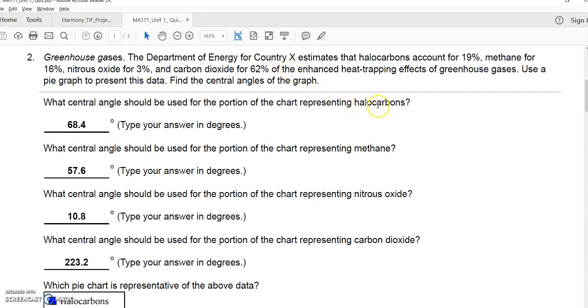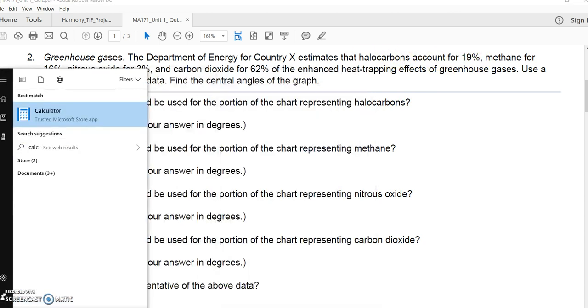For example, for halocarbons, the percentage is 19%. And remember, in a pie graph, the entire angle is 360 degrees. So whatever the percentage is, you multiply that with 360 and get the corresponding angle. Let me do that with a calculator.